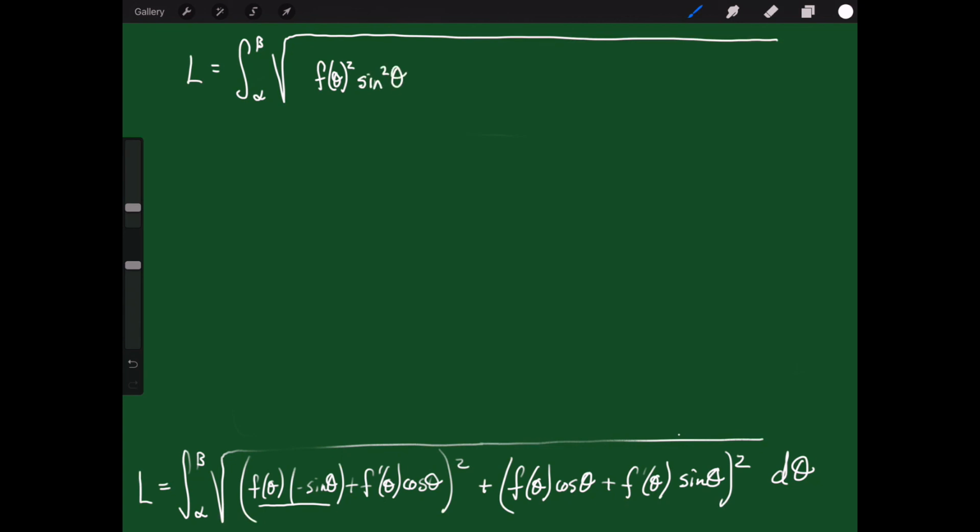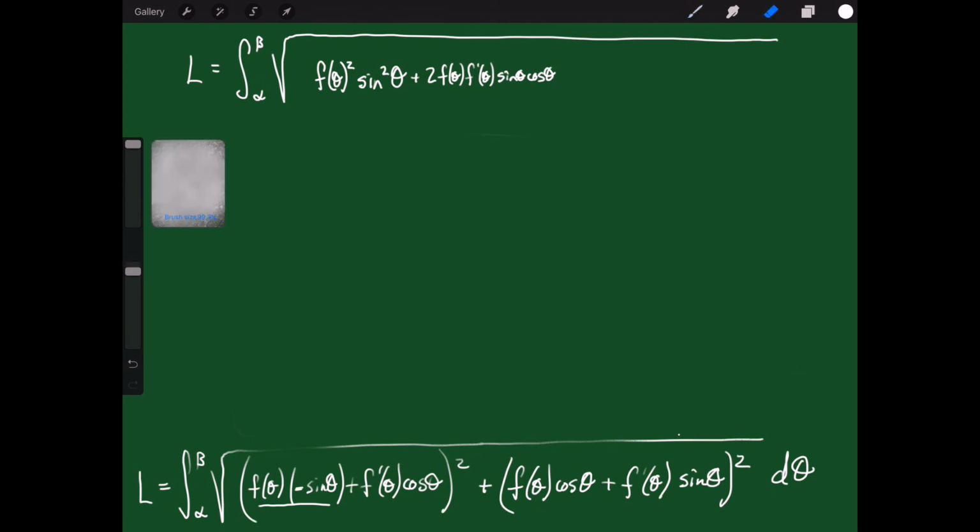Okay, then I get 2 times the first thing times the second thing. So plus 2 times f of theta times f prime of theta times sine of theta times cosine of theta.